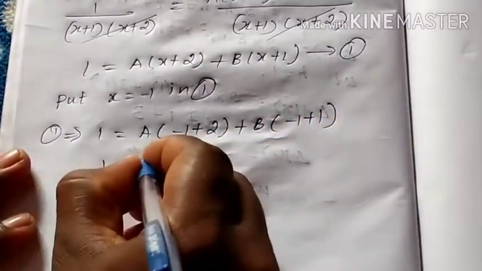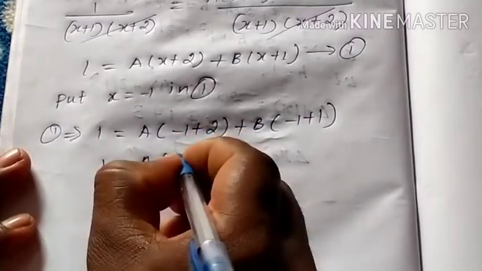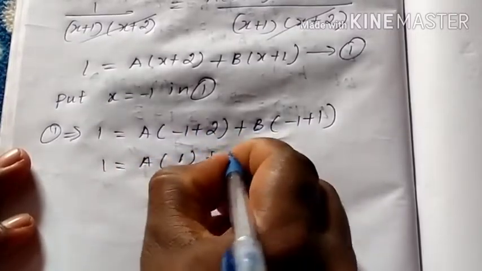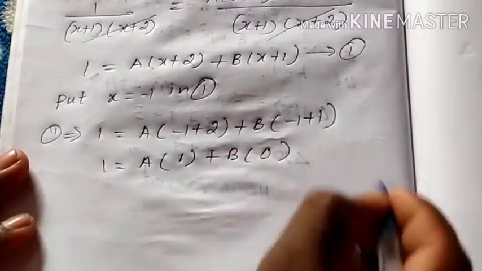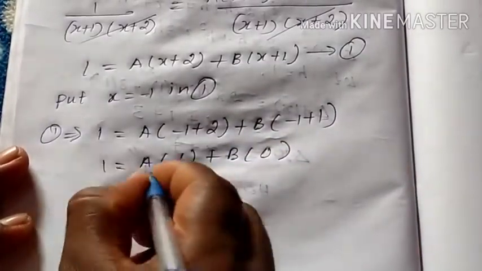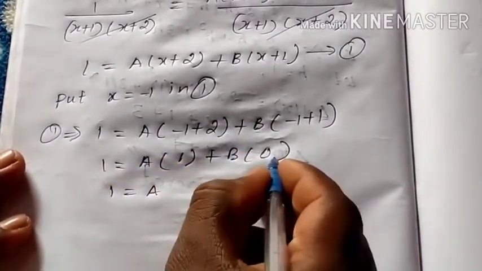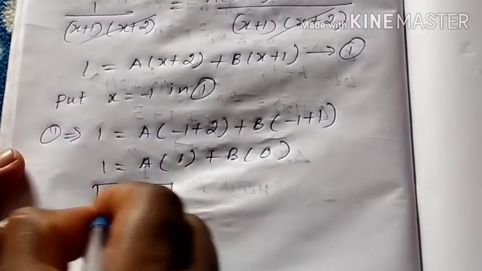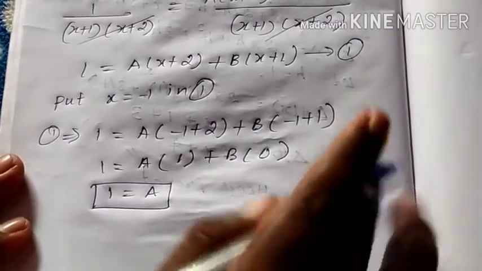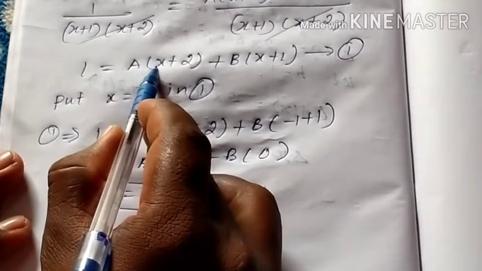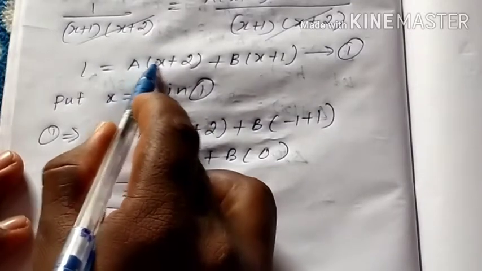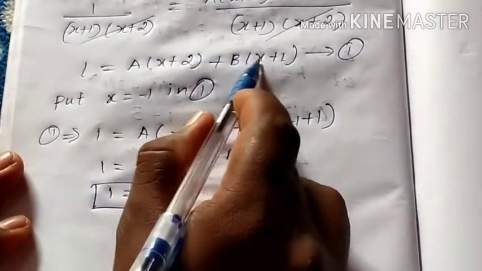Okay, 1 equal to a into minus 1 plus 2 is 1 plus b into minus 1 plus 1 is 0. Okay, so 1 equal to 1 into a, b into 0 is 0. So value of a is 1.